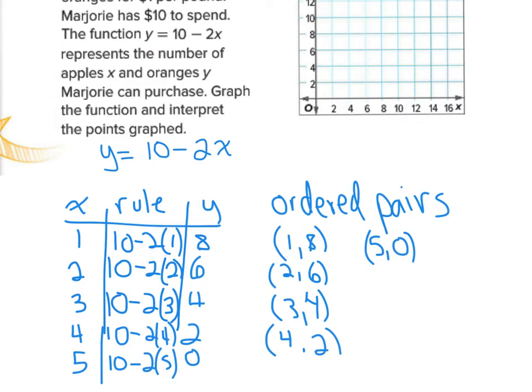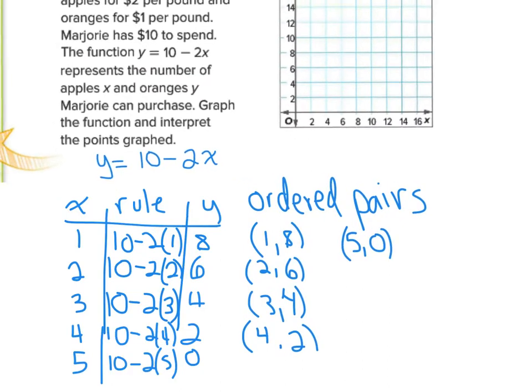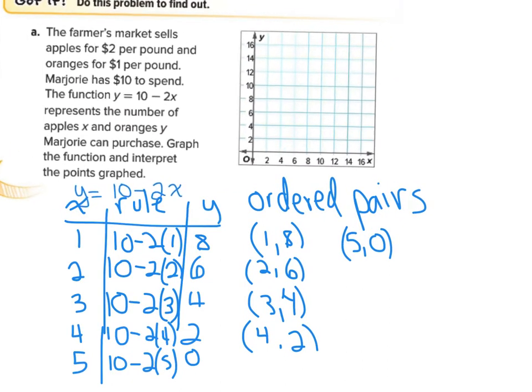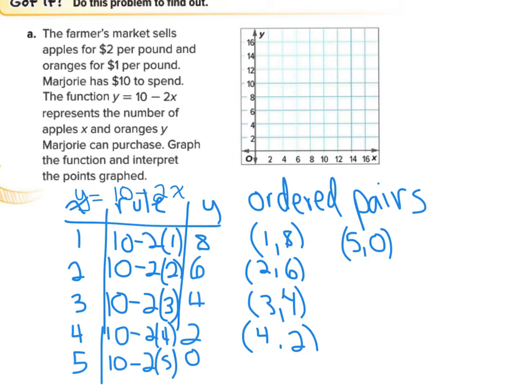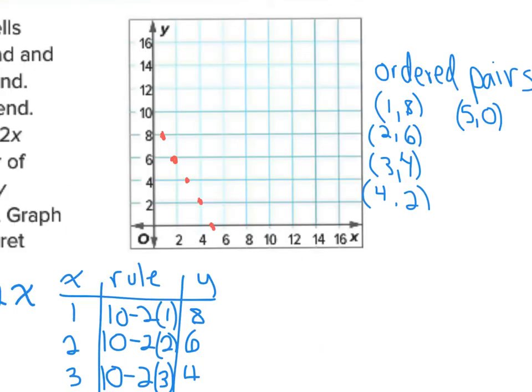Okay, I've picked my x coordinates and y coordinates and put them in here in my ordered pairs simply by taking them from here. Okay, and now I'm ready to graph. I can take my graph and put these dots on them, these coordinates. And when I graph it, I get a linear function, a straight line, and it shows here that when I get 1 bag of apples, I can get 8 oranges.